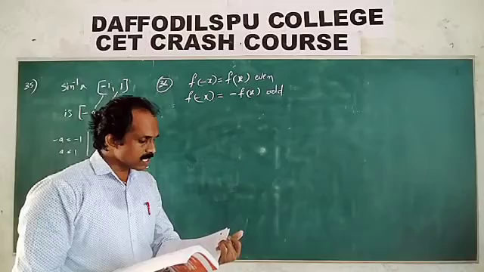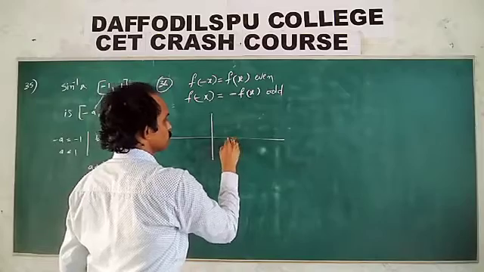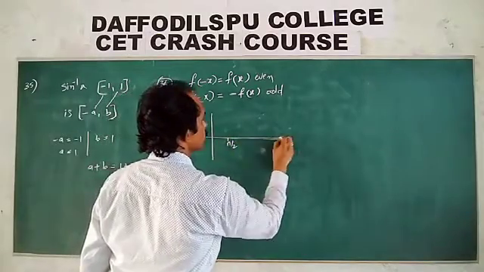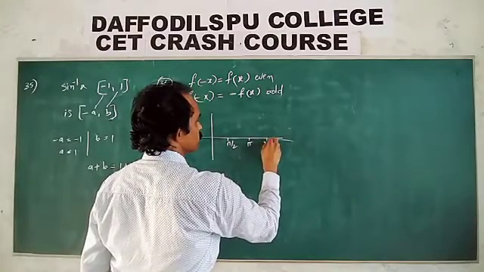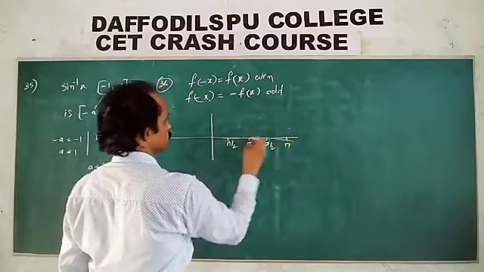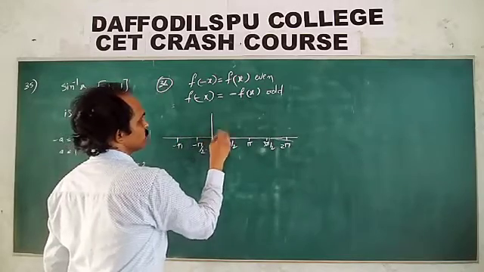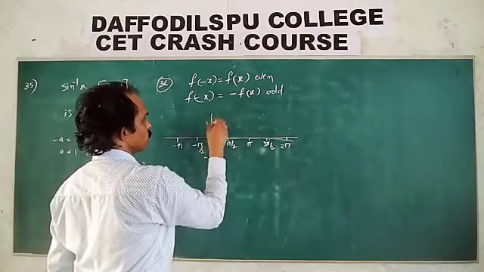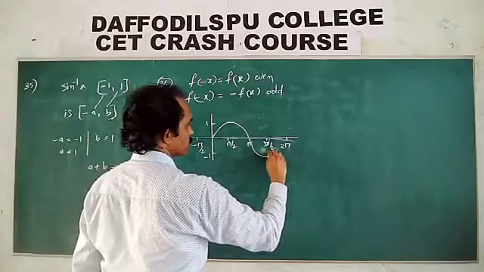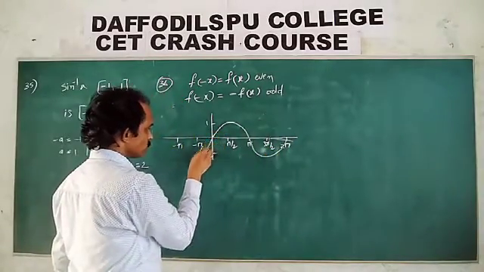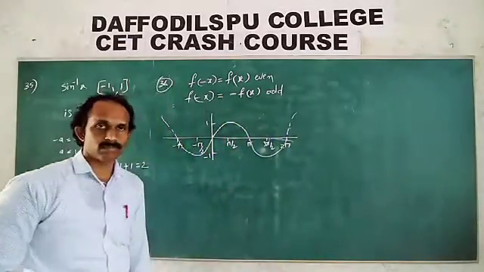They ask to consider the graph of sin inverse x and tan inverse x. Suppose this is the sine graph, with 3 pi by 2, pi, 2 pi, minus pi by 2, minus pi, and 1 and minus 1, and so on like this. This is the sine graph.